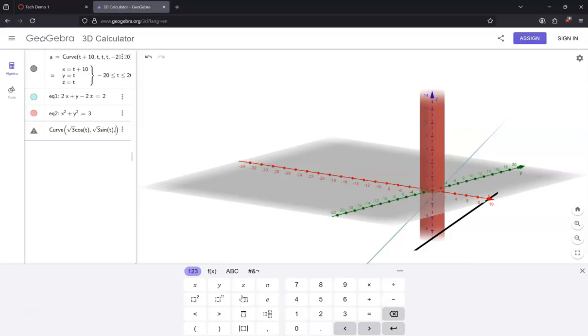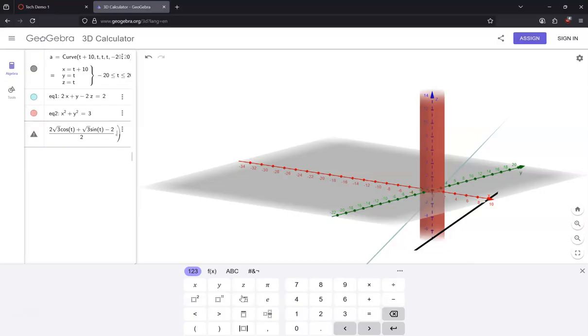So it would be 2 times the square root of 3 times the cosine of t for x plus the square root of 3 sine of t, minus 2, over 2.